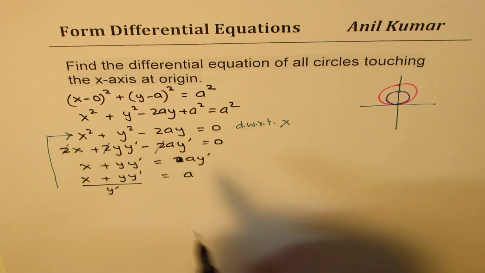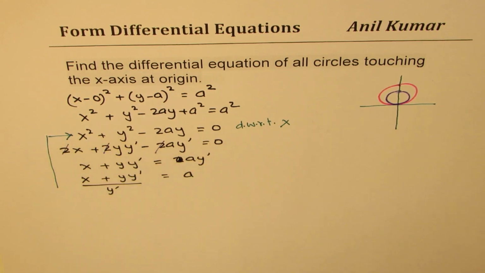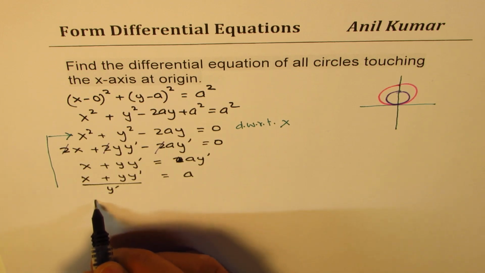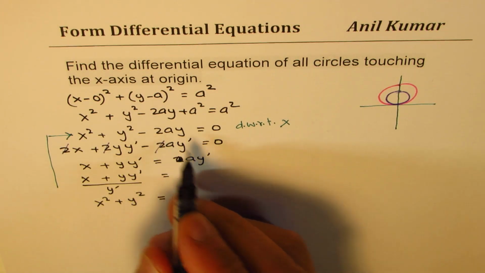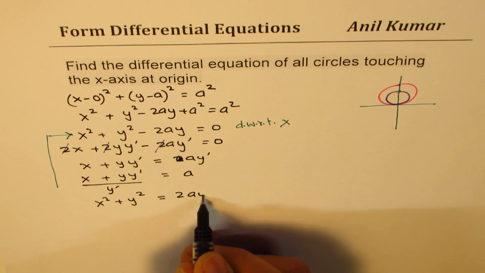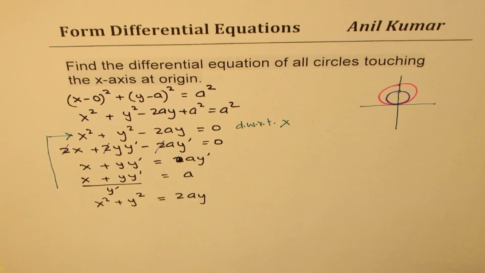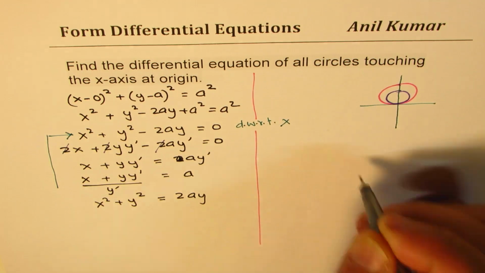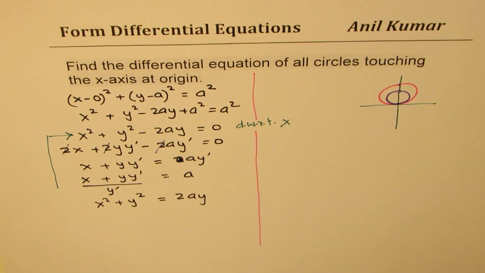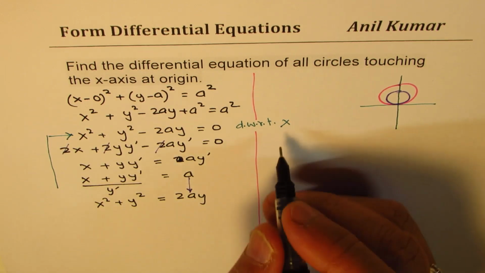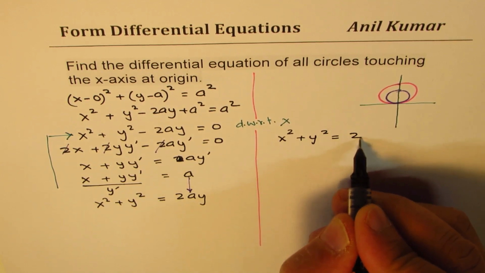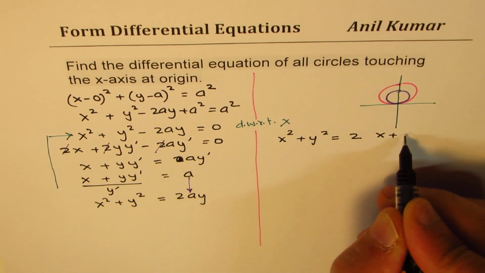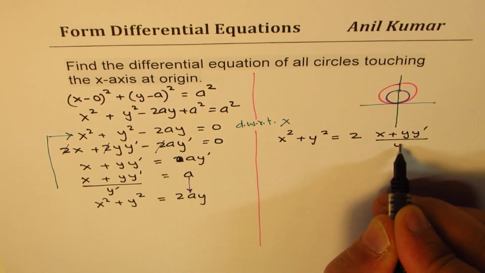So now the differential equation will be, substituting here, we get x square plus y square equals 2ay. I'm going to substitute a on the right side, where we'll get more room to work. So we get x square plus y square equals 2 times the value of a, which is x plus y y prime over y prime.